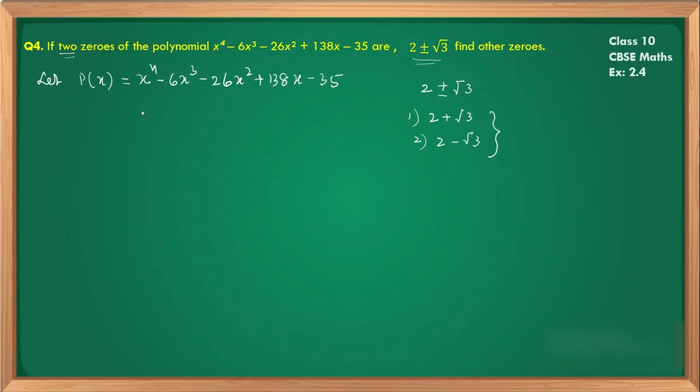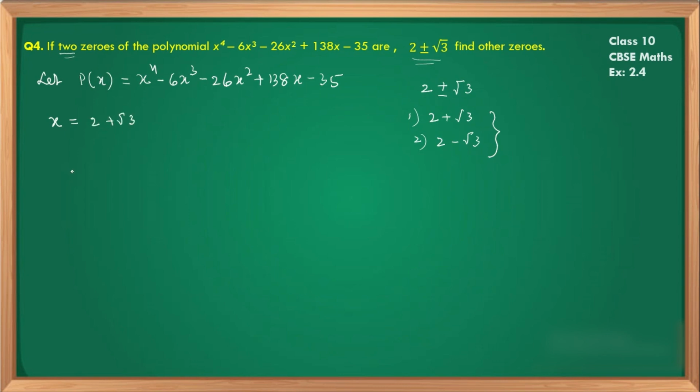It is a very big polynomial. Now the given zeros are this. First what you have to do, let us put x is equal to 2 plus root 3.